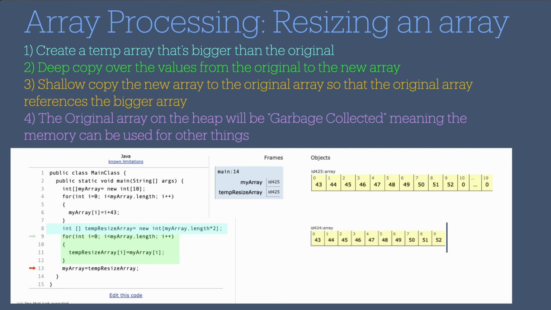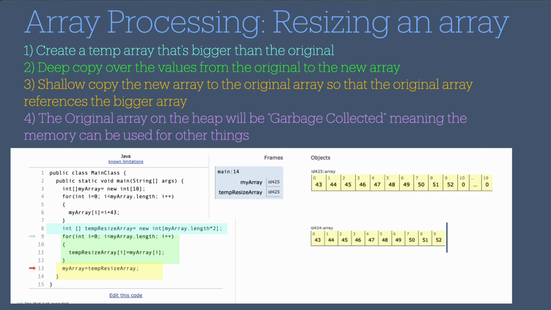And then the second thing is we deep copy over all the values from the original to the new array. Okay, so notice we kind of do the same thing as we did in the last slide. Then the final thing we do is we want to make my array reference the new array that's double the size. And so we say my array equals temp resize array, which is a shallow copy.